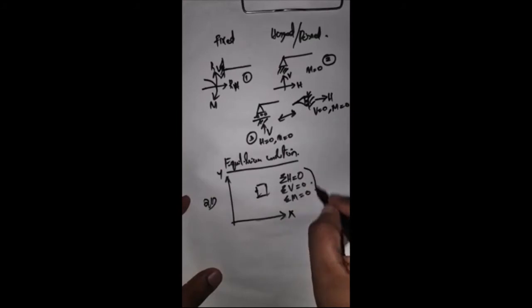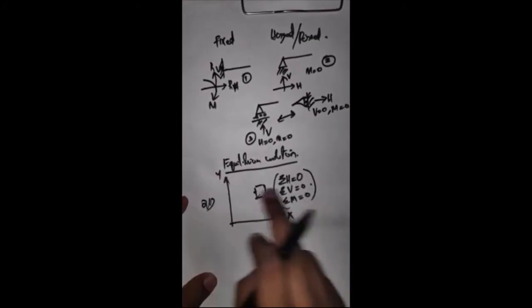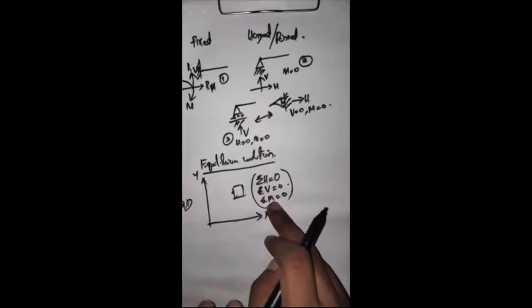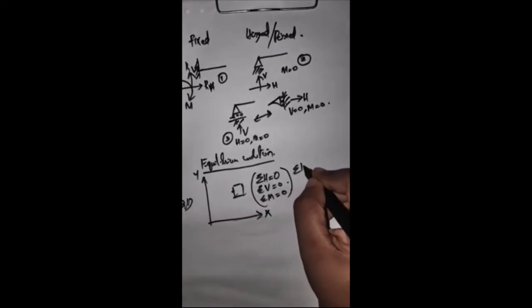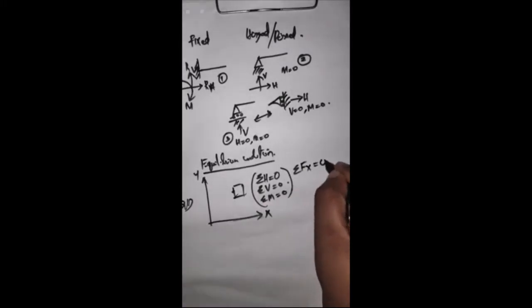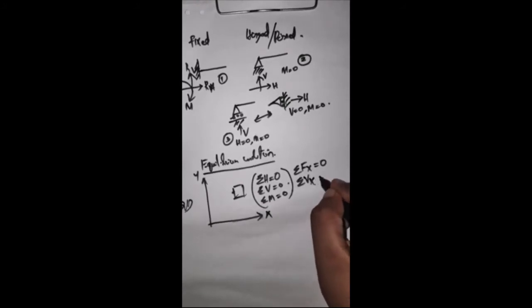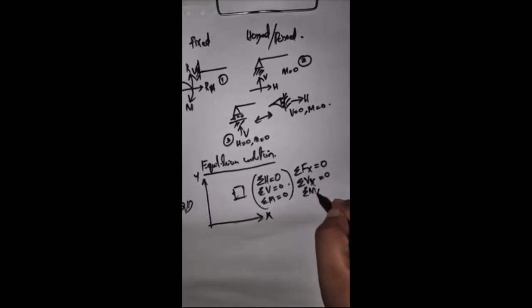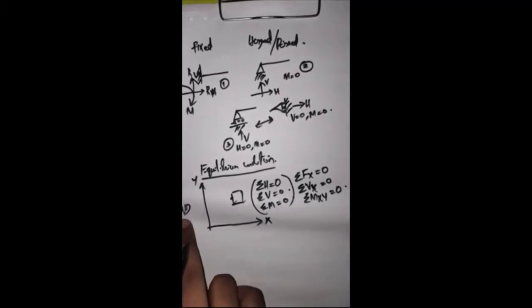To be specific, all the forces in the x direction should be 0, all the forces in the y direction should be 0, and the moments in the xy plane should be 0. So this is the equilibrium condition of a two-dimensional body.